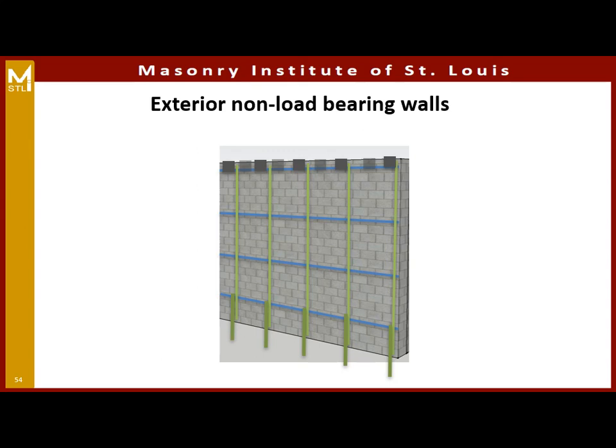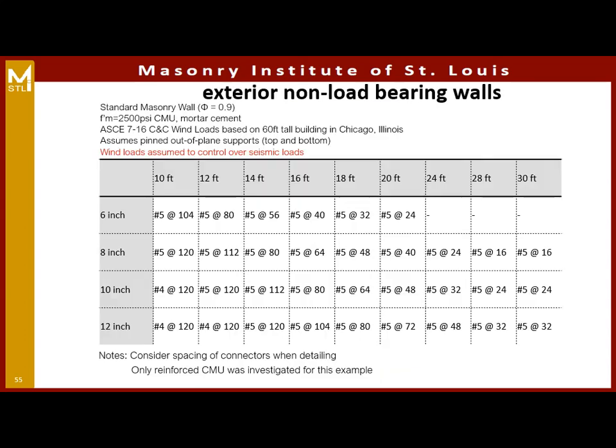We also checked a similar condition with an exterior non-load bearing wall. So we're not a partition wall anymore because now we have to resist external wind pressures. Depending on how high those pressures are, we may not be able to simplify these as much as we did our partition walls, but it was interesting for me also to see what we ended up with here.